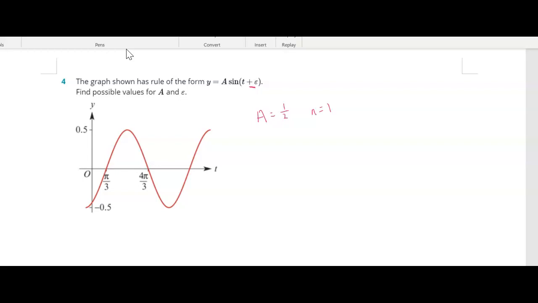Okay, so we don't have to work out that. We're just working out the value of a and epsilon. Okay, so when you think about your original sine graph, sorry, just had a bit of a blank, it would usually start at 0 and go like this.